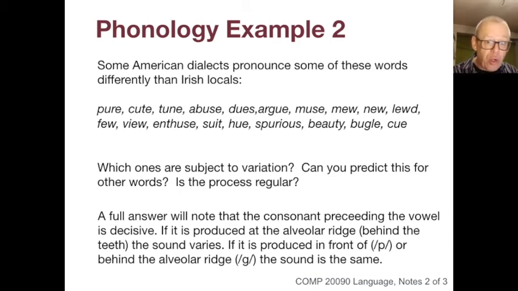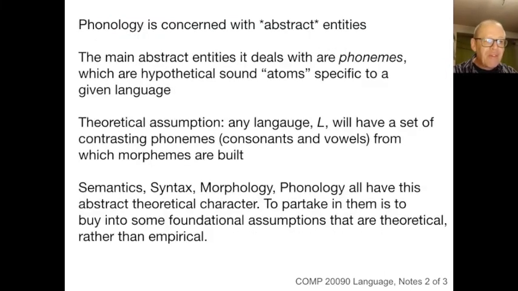So New York and noo York, that n sound is produced at the alveolar ridge. There are sounds that we produce forward of the alveolar ridge, like p sounds, pure, and there are sounds we produce behind this, like g. In those cases, it doesn't vary between Ireland and New York, but if it's produced precisely at the alveolar ridge, it varies. Who knew? Phonology is concerned with these kinds of abstract problems.